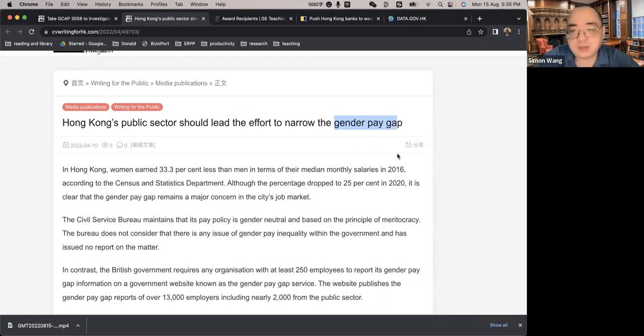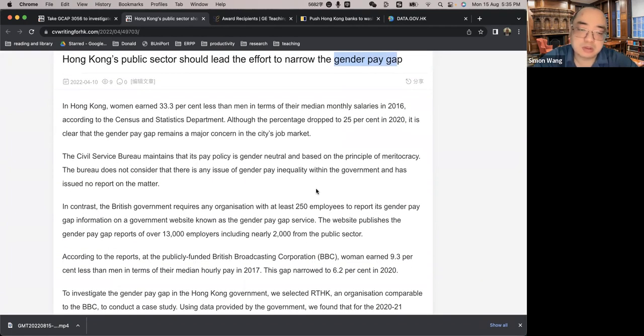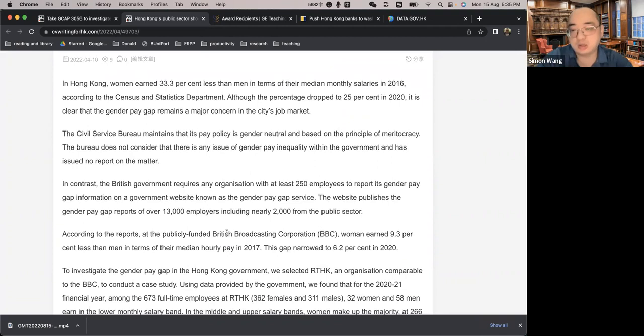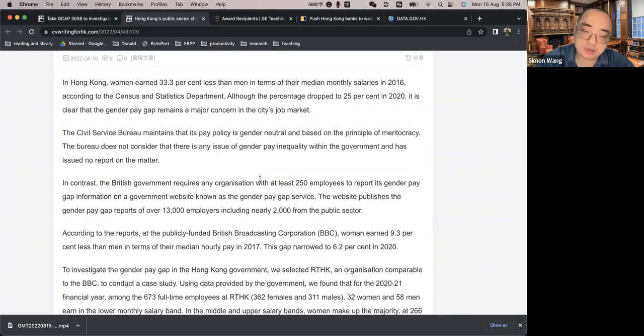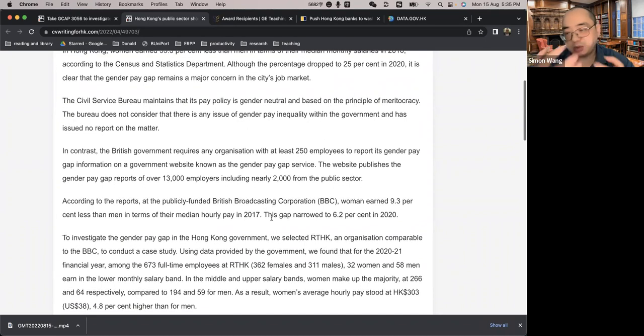And this issue has been receiving a lot of attention in some European countries, like the UK. The British government has required all organizations with more than 250 employees to disclose their gender pay gap on an annual basis. So we looked at that, and we found one example which is particularly interesting, the BBC, because BBC is a government-funded organization, a radio and TV station.